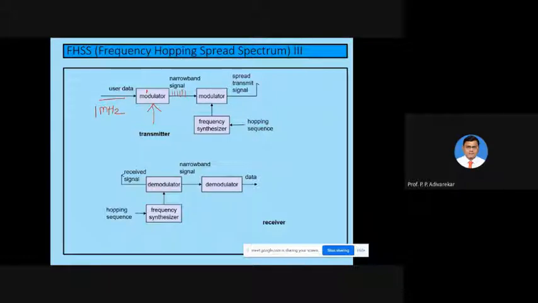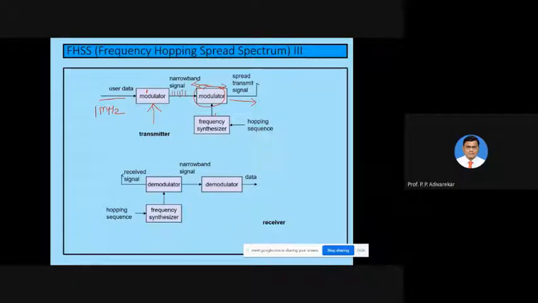The frequency synthesizer, which is used for generating frequency, will provide another input to the second modulator, which will spread this narrowband signal into a spread spectrum signal. So whatever spreading is done will be done at this modulator, which is the output.